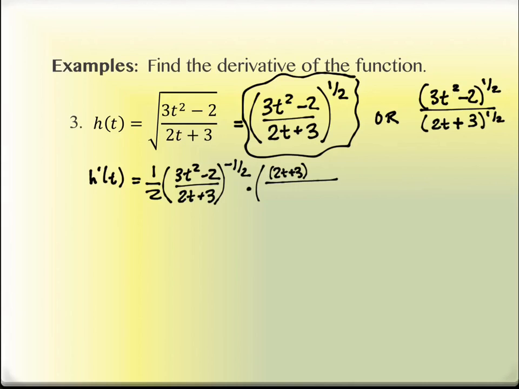The derivative of the numerator, which is 6t. Minus the numerator, or do you want the derivative of the denominator first? Sure, 2. And then the numerator, 3t squared minus 2. I think I got all the pieces.